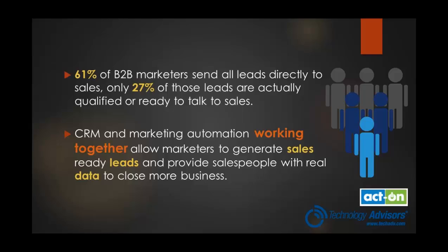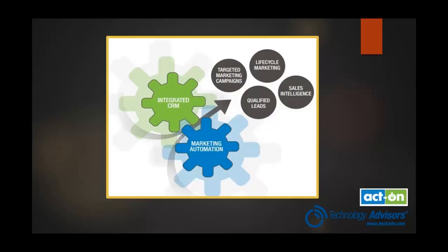Which leads me to that whole second bullet point here. CRM and marketing automation working together allow marketers to generate sales-ready leads and provide salespeople with real data to close more business, not the squishy toy guy. Slide, please. And here's what you see. Great graphic.